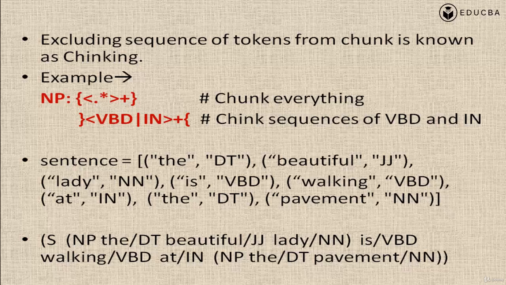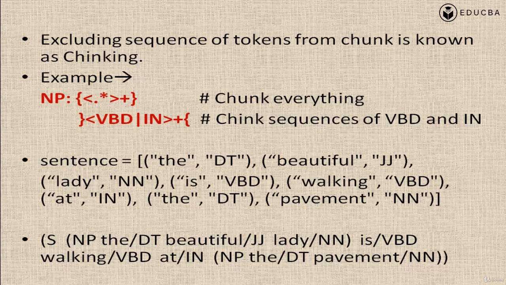Now see the example. This is a simple sentence: The beautiful lady is walking at the pavement. We have used different parts of speech for different tokens, like determiner, adjective and noun, and similarly verb, VBD, and so on. Now see what will happen after applying the above grammar, the tag pattern, on this sentence. First we have S, which represents the complete sentence.